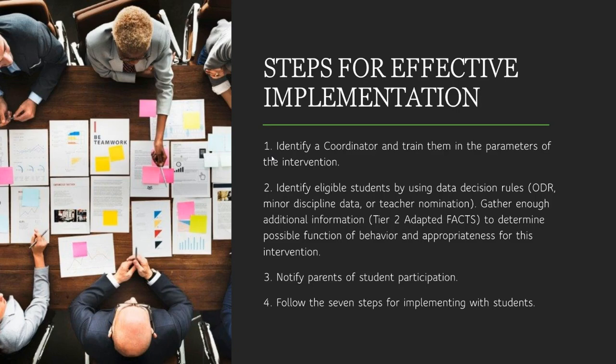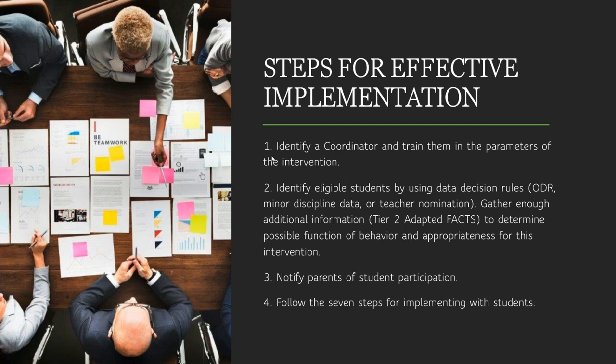So, when we think about what are the steps for effective implementation of the self-monitoring intervention, the first thing that team is going to have to do is identify a coordinator and train them about the self-monitoring intervention and their roles. The next thing is they're going to have to identify those eligible students by using that data collection process that team has gathered.